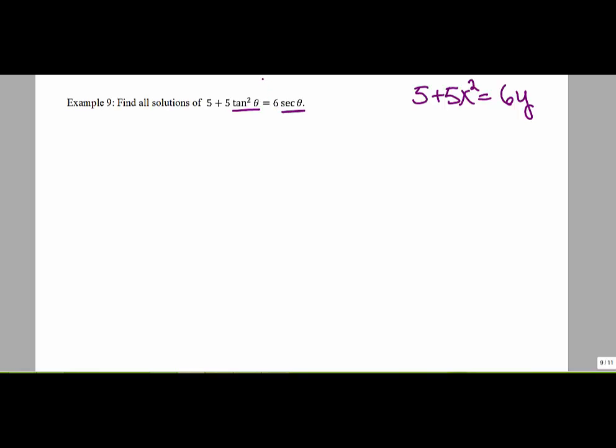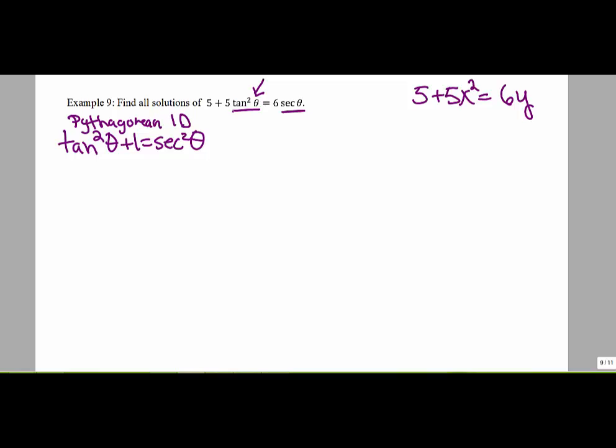And we want to keep in mind that we do have a tangent squared. And that should sound like a Pythagorean identity. So tangent squared theta plus 1 is equal to secant squared theta, where this is our Pythagorean identity.